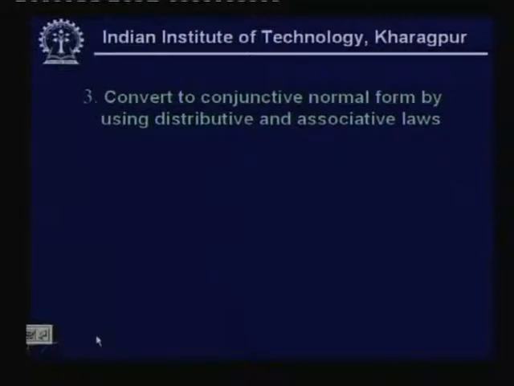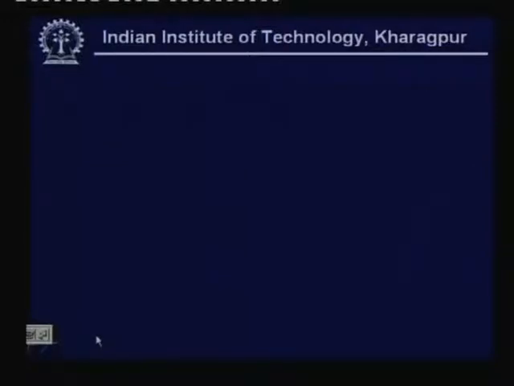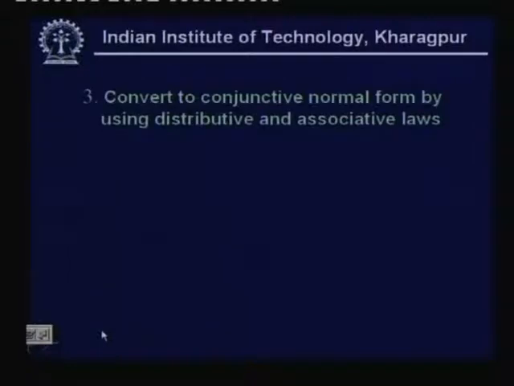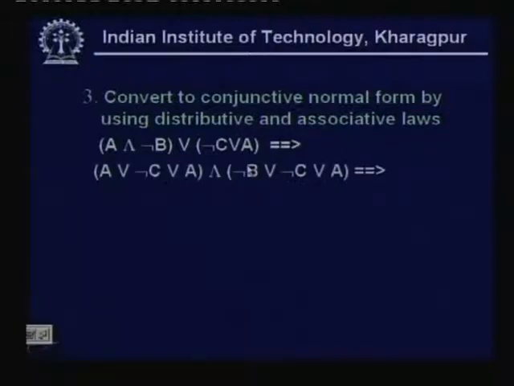The third step: what we got here is not a disjunctive normal form, there are some ANDs also here. So, we will have to convert it to conjunctive normal form first, using these rules.